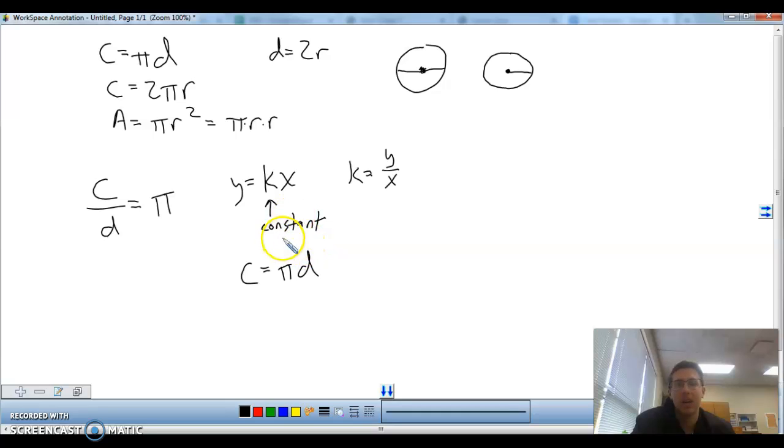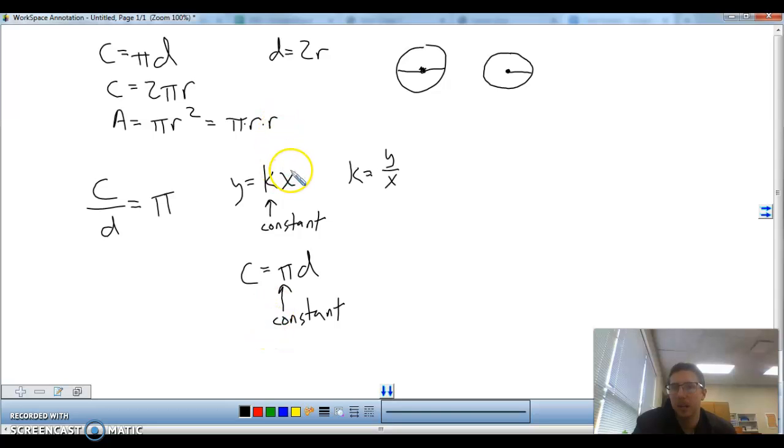Now that was a long time ago, towards the beginning of the year, but we have done this, y equals kx, where k is the constant, right? Well, that's the same thing in circumference. Pi is now the constant, that is the k. C is the same as y. D is the same as x, right?